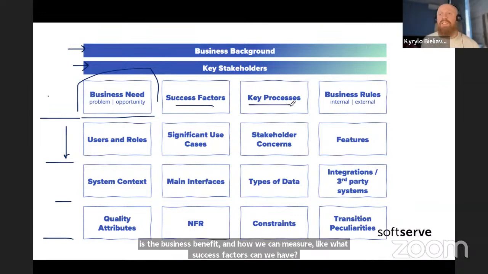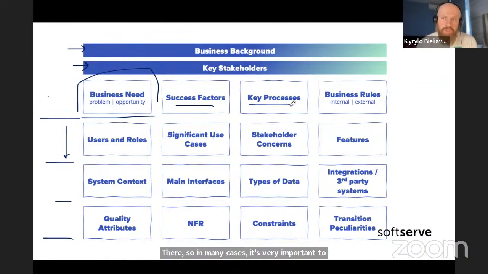In many cases, it's very important to understand at least the key processes, what this business is about, what the main processes are, what the value stream is, or what the core of the business is, or at least the core of the things that we're trying to put in our system. And understanding the business rules, whether we have any standards, compliance requirements, or internal business rules that we need to follow or automate. So that's where you start.